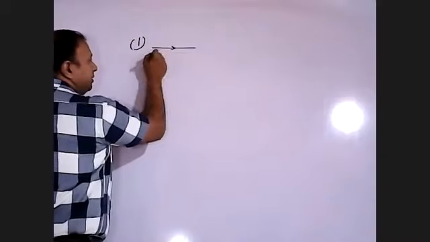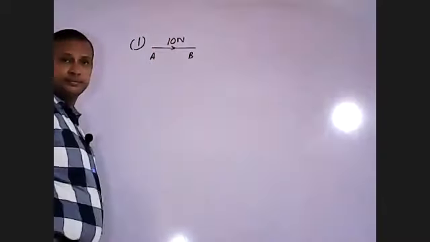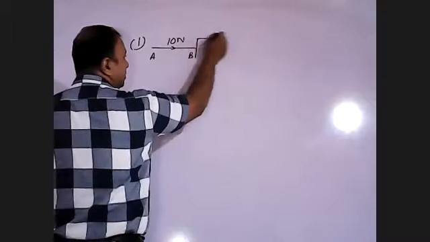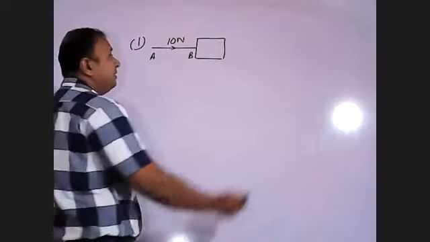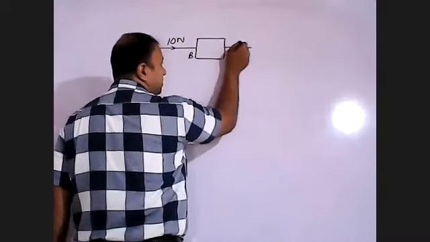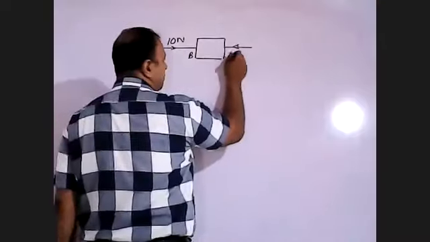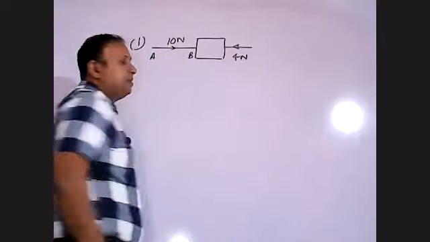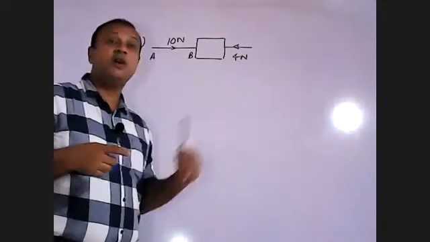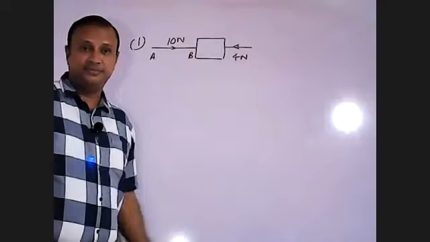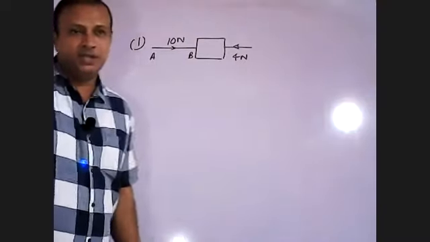Suppose you are given AB vector that is equal to 10 Newton, which is exerted on an object, and there is another force from this side which is equal to 4 Newton. So what is the resultant vector acting on this object?